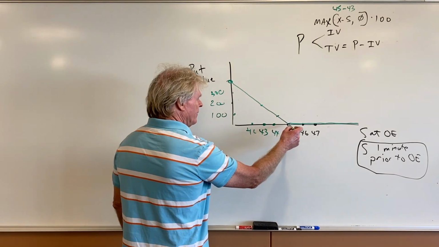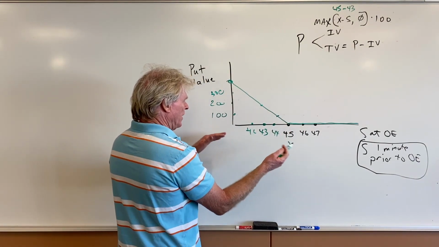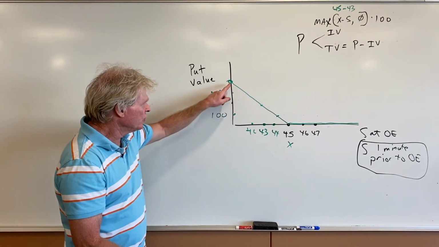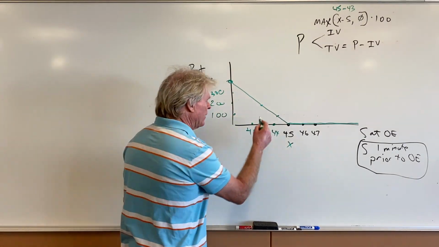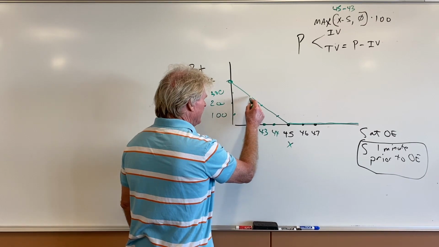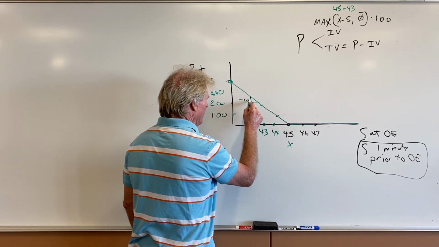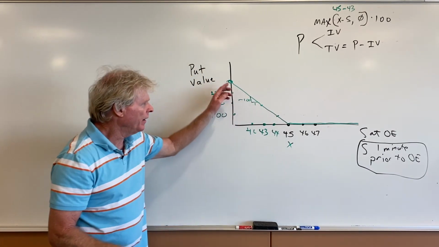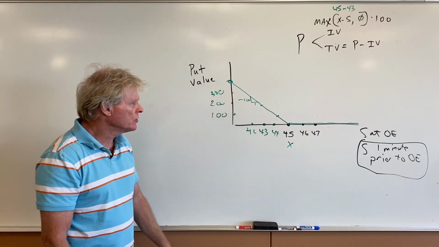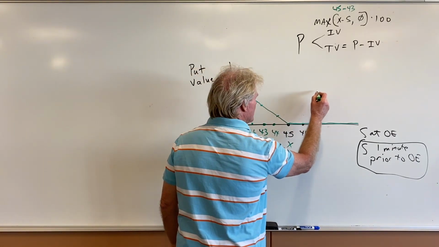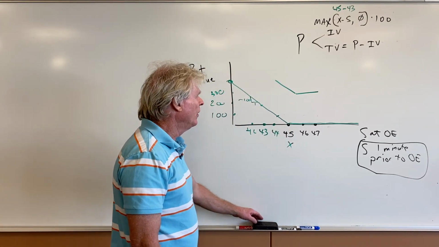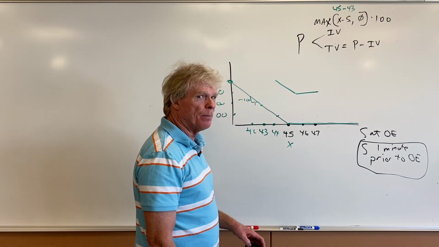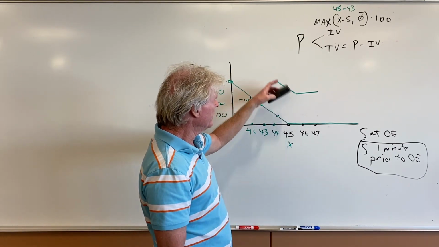As we run, the run and the rise are in different directions. So as you can see, the slope of this line is obviously negative, but it's negative 100. Since it's a straight line, it's that slope of minus 100 at every point along that line. So there we see, I'll just draw it real quick, we see that as the value diagram for a put option. Just like that.